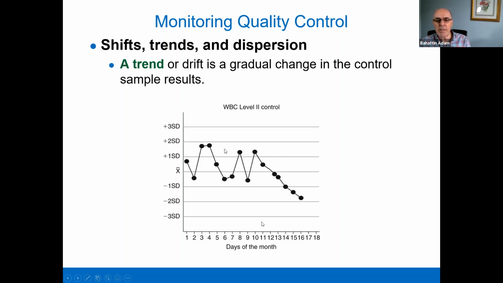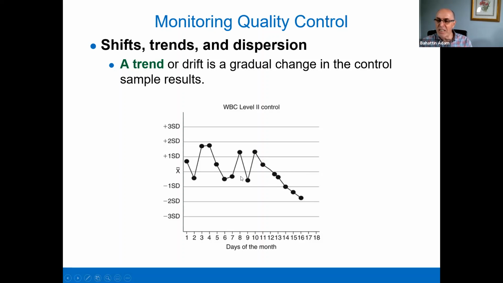However, after day 11, even though they are the same samples, the level of the control serum decreased gradually day by day. And as you see, all the results are within the 2 standard deviations.